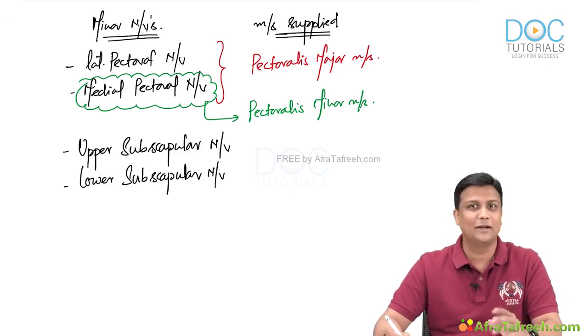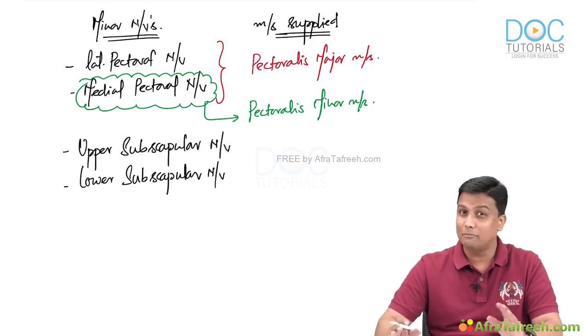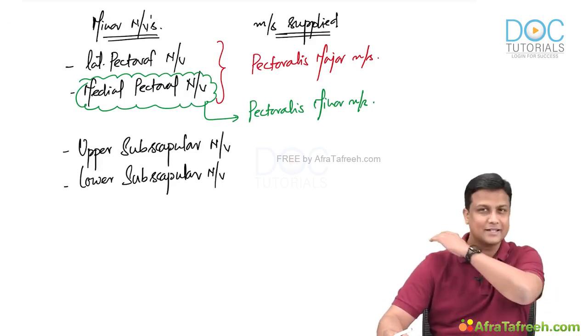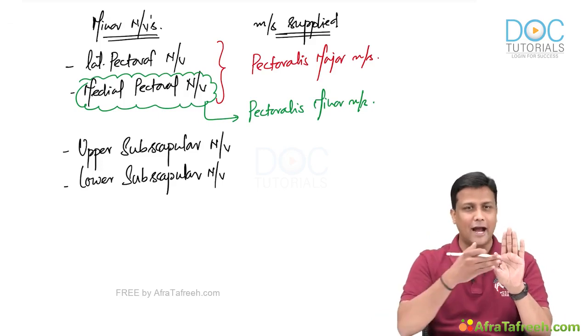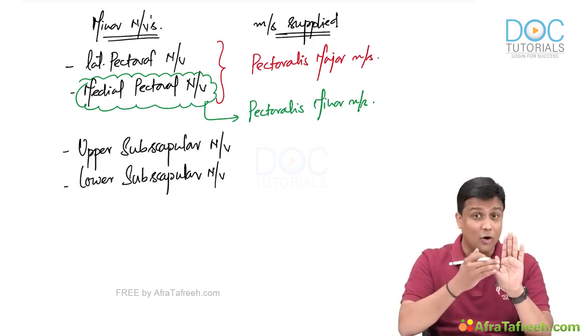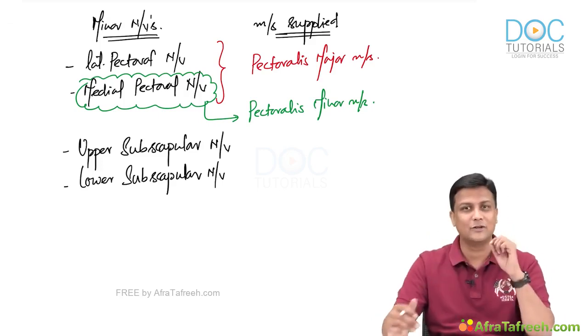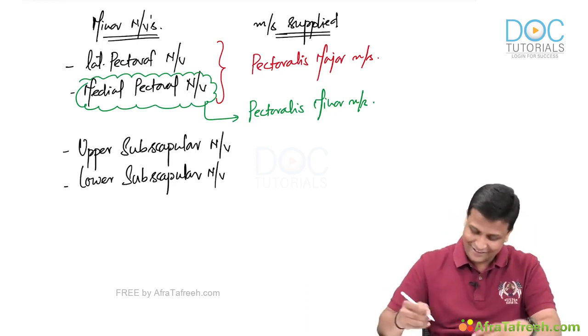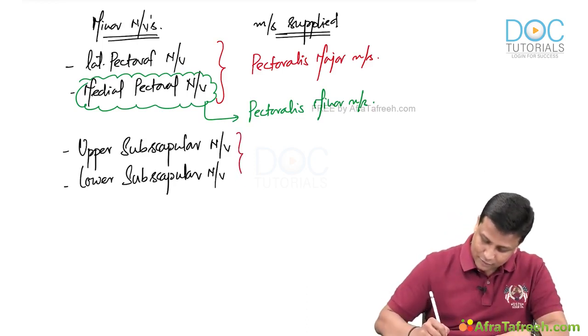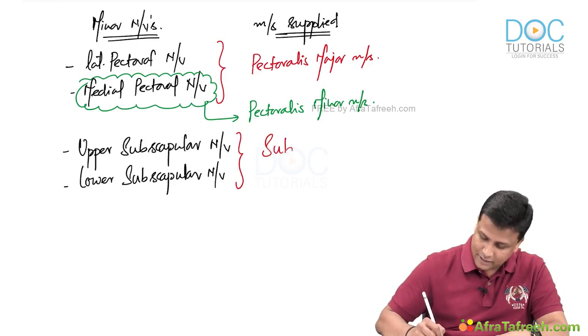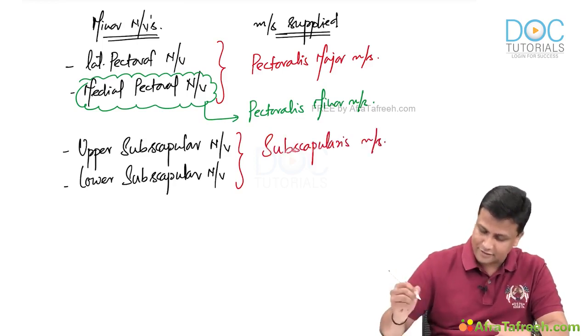The subscapularis muscle. Are you all getting that picture back in your mind, guys? Subscapularis muscle, scapula, a flat bone, anterior surface, posterior surface. On the anterior surface, there will be a big muscle, that is your subscapularis muscle. So these two nerves are going to supply the subscapularis muscle.